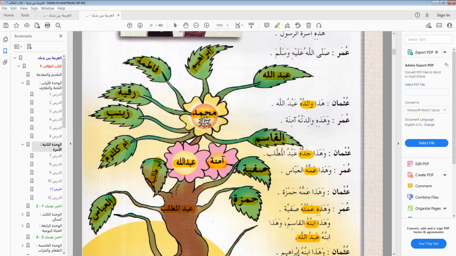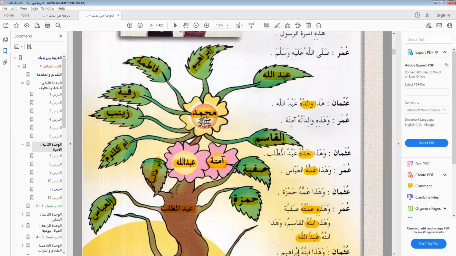The first is Al-Qasim, so you can learn the male first. Al-Qasim, Abdullah, and Ibrahim. They are very simple. They are popular names. And for the ladies, Fatima, she's very popular. Then you have Ruqayya, Zainab, and Kulthum.